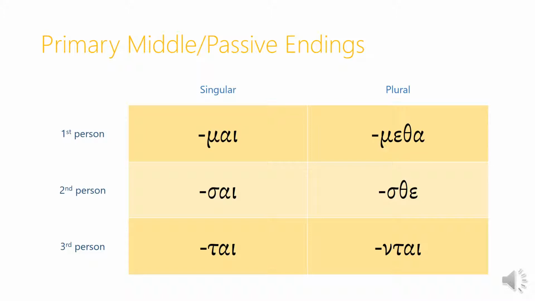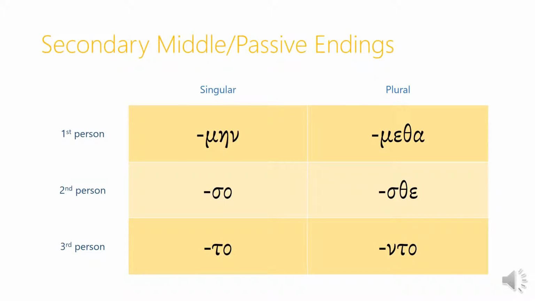Again, to jog your memory, here are the primary middle passive endings: mai, sai, tai, methe, esthe, and tai. And the secondary middle passive endings looked like this: main, sa, ta, methe, esthe, and enta.